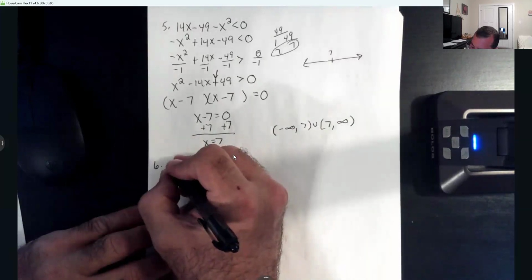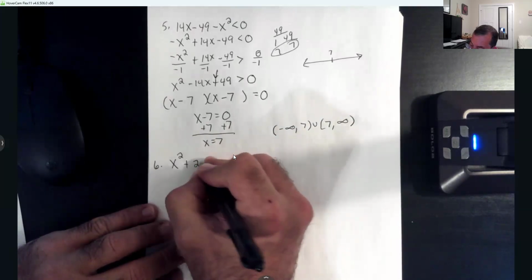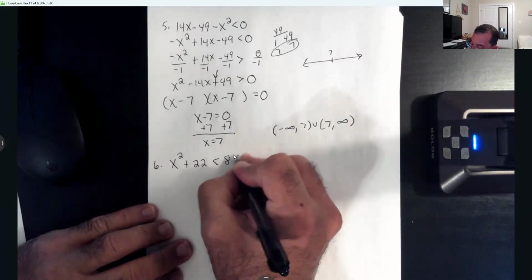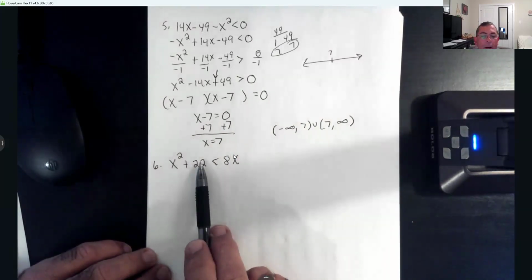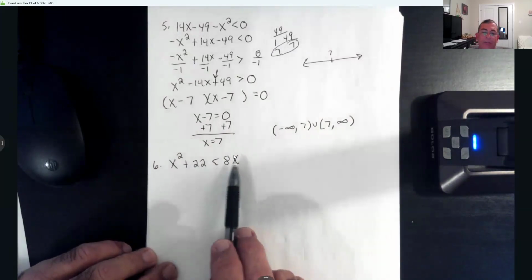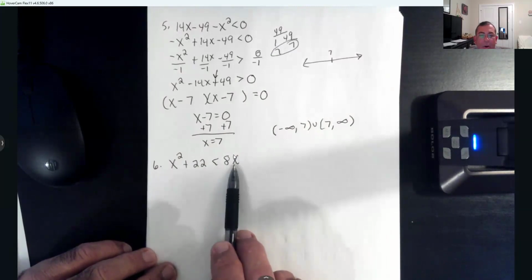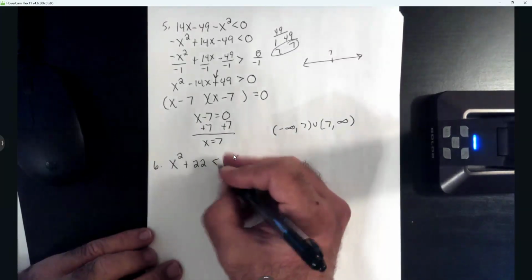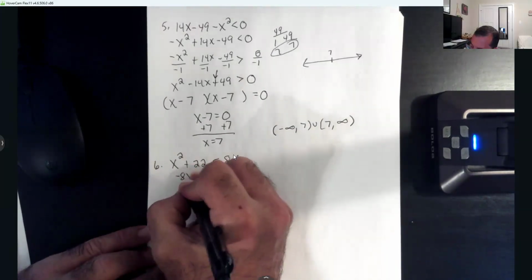All right, y'all, our last one is x squared plus 22 less than 8x. This one is the x squared, the number, and the x, so I can't do square roots to this. What I need is a 0 where that 8x is, so we're going to subtract 8x from both sides.